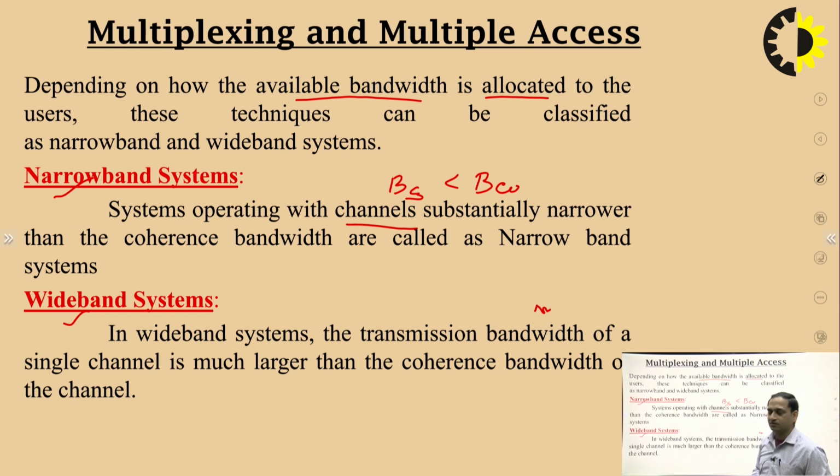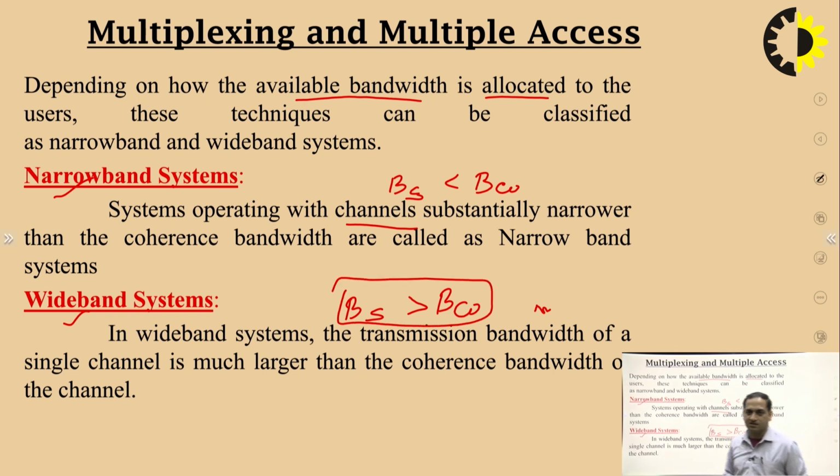That system is called the narrowband system. Next is the wideband system, in which the transmission bandwidth BS is greater than the coherence bandwidth BC. If this is the case, we call it a wideband system.